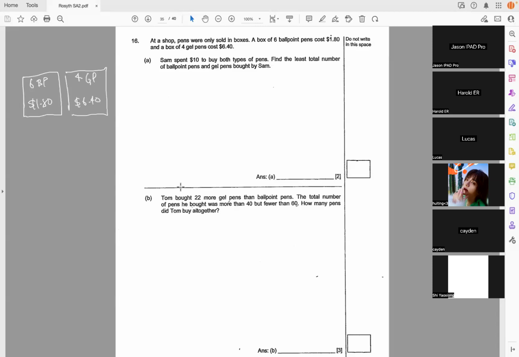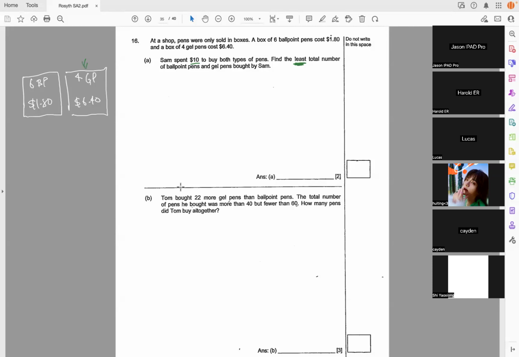Okay, the question is, Sam spent $1000 and find the least total number of ballpoint pens and gel pens bought by Sam. So the least means if I want to buy the least pens, I must buy as many gel pens as possible, correct?